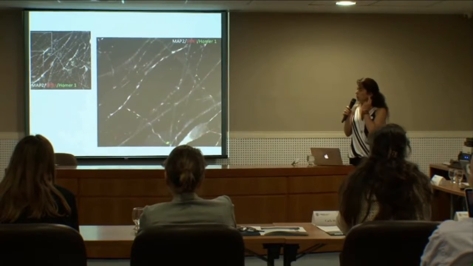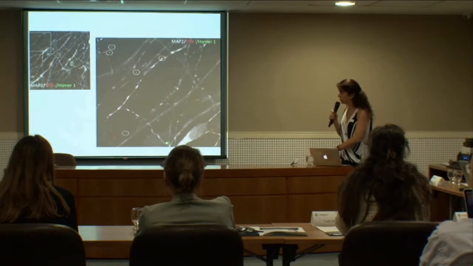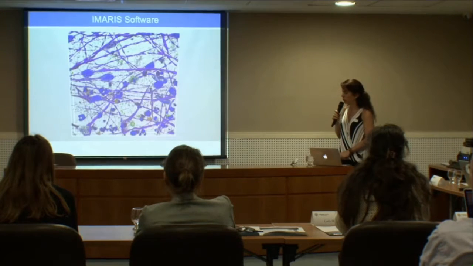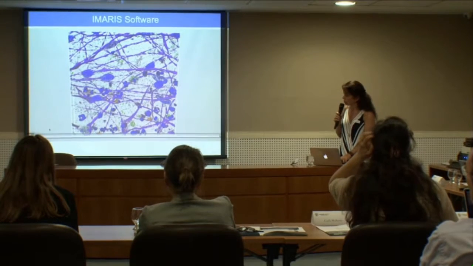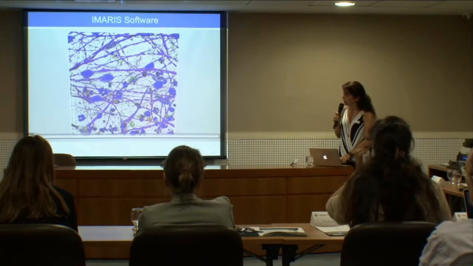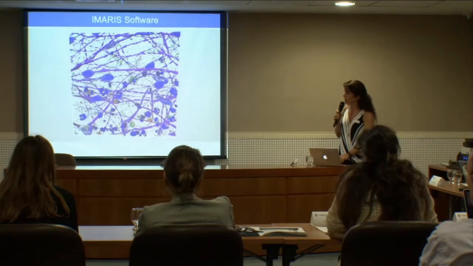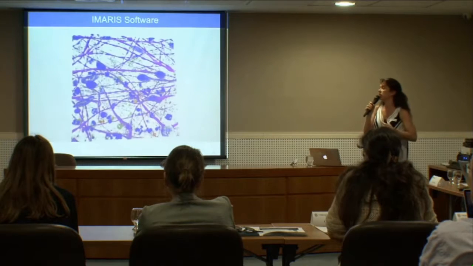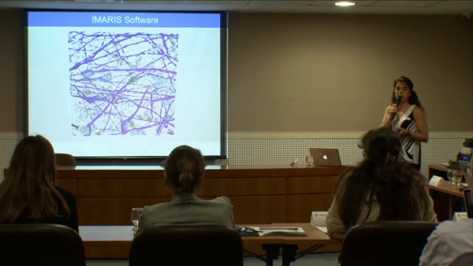So we quantify the synaptogenesis in these neurons. This is the way we do that, and we use a program to do that. We use this program to quantify the synaptic buttons.